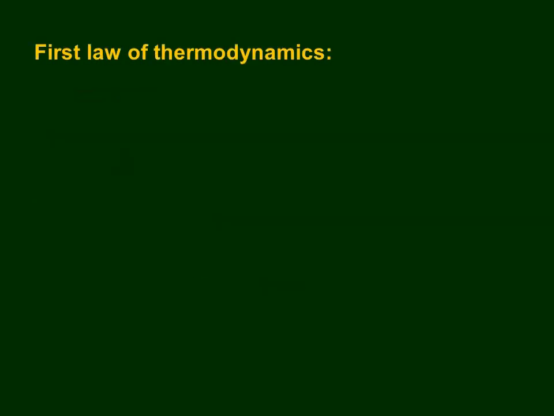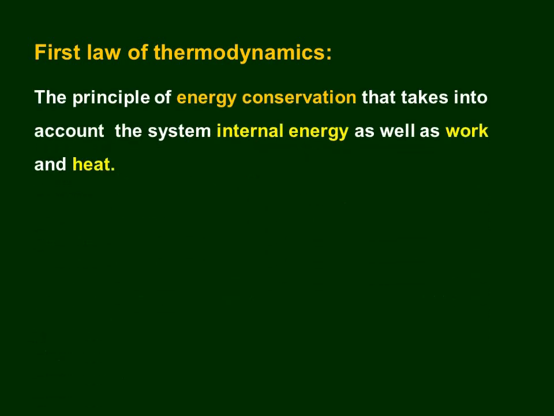First law of thermodynamics. The first law of thermodynamics is an application of the law of conservation of energy. It is the principle of energy conservation that takes into account the system's internal energy as well as work and heat. So here, exchange between work, heat, and the internal energy. Internal energy can be increased by work or heat.